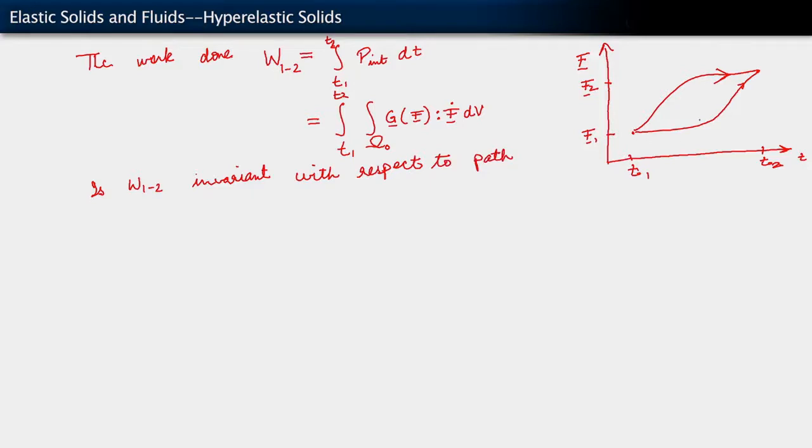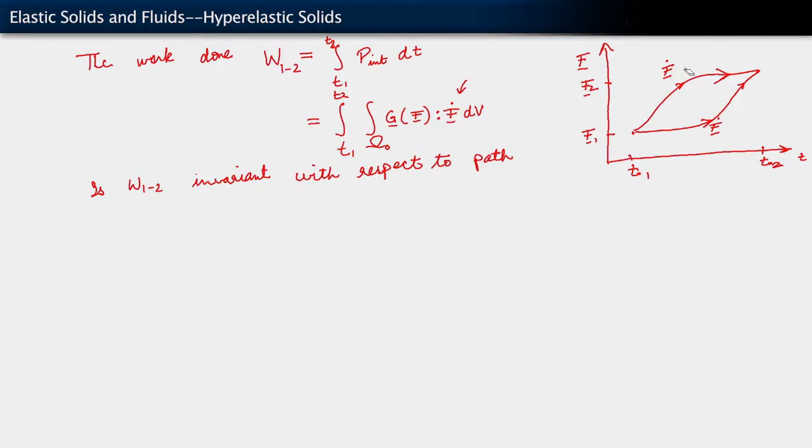If we take this first path, then at some time along it we have F dot, schematically, and likewise along the other path we have a different F dot. Actually, I realized that I should not call those F1 and F2.